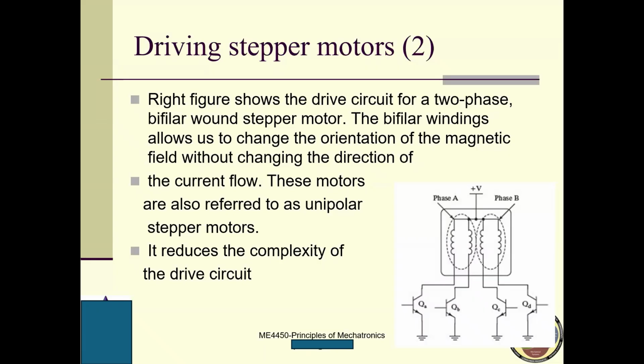So, the drive circuit for a two-phase bifilar wound step motor: the bifilar winding allows us to change the orientation of the magnetic field. Orientation of the magnetic field is what I just told you, polarity, north, south, without changing the direction of the current flow.